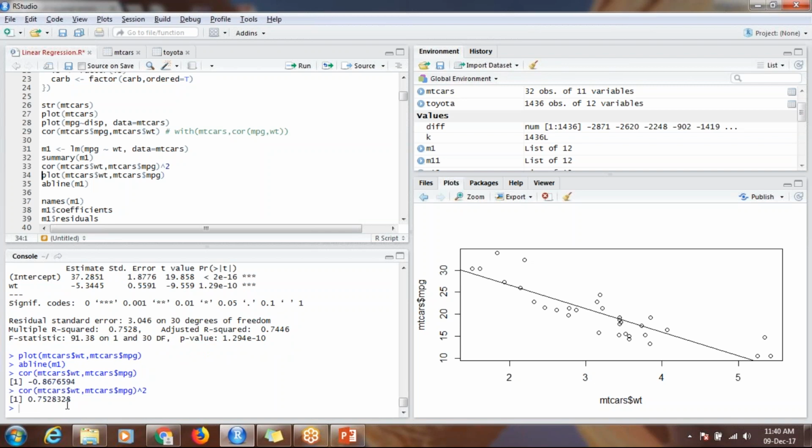So r square is mainly the correlation between my predicted and my actual value. So in layman terms, if I remove all the formulas, this will be my r square, my correlation between actual and predicted.